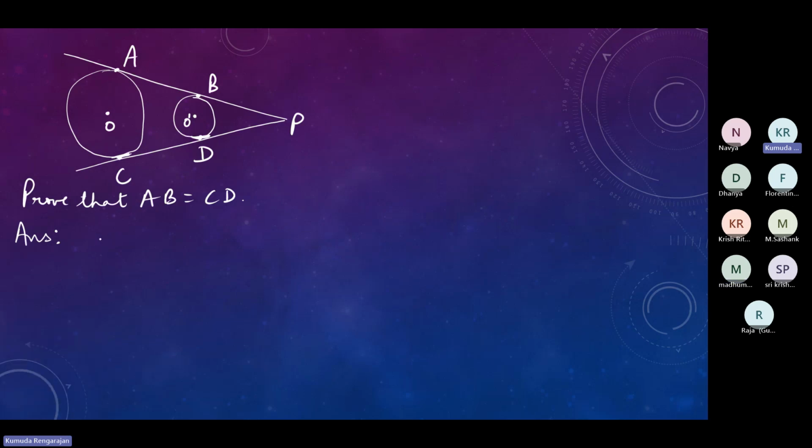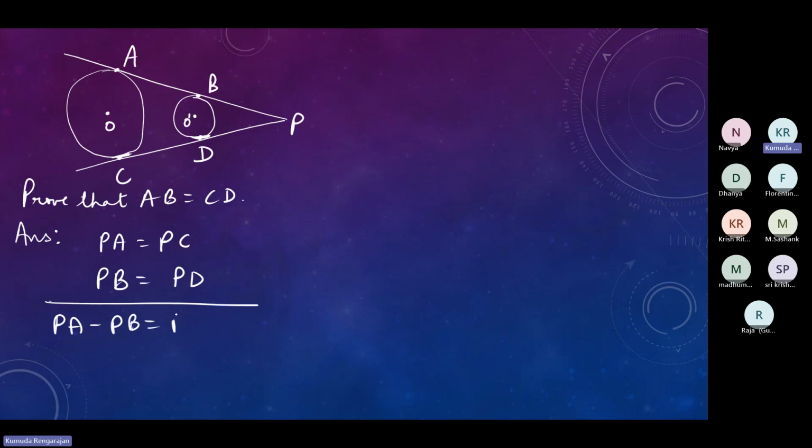The external point is P. So PA is equal to PC, okay? PB is equal to PD. So PA minus PB is equal to PC minus PD. Which implies, subtracting, AB is equal to CD. Correct. Very good.